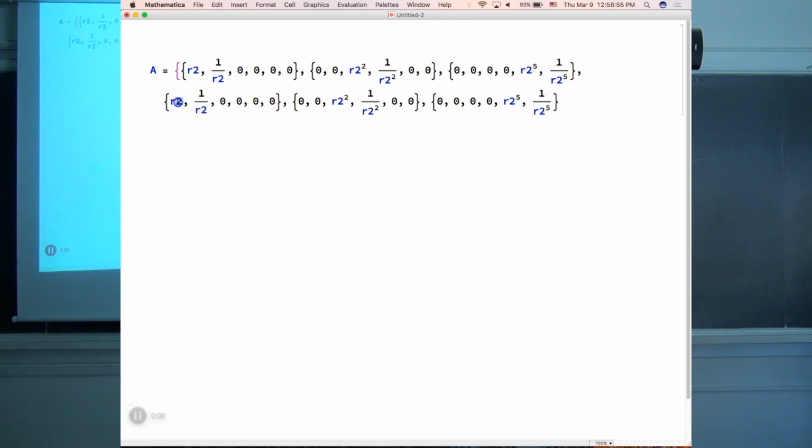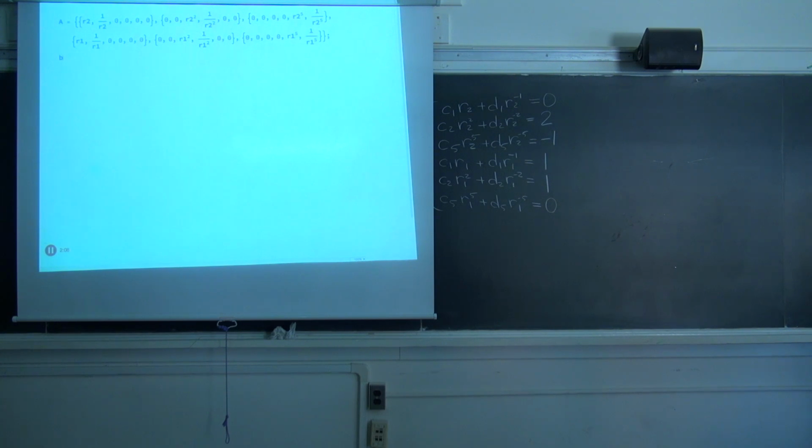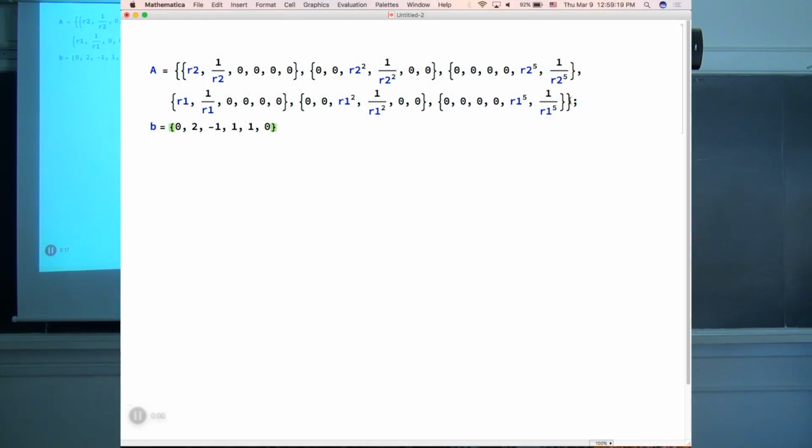So R1, R1, R1, R1, R1, R1. That's A. And the right-hand side B is 0, negative 1, 1, 1, 0, right?